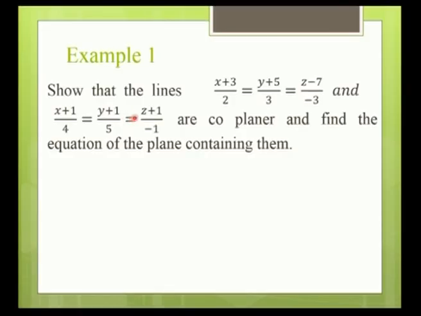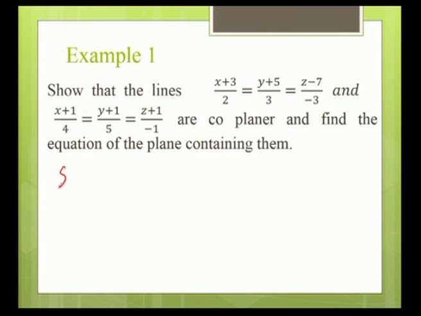In this example, show that the lines (x plus 3)/2 = (y plus 5)/3 = (z minus 7)/(minus 3) and (x plus 1)/4 = (y plus 1)/5 = (z plus 1)/(minus 1) are coplanar, and find the equation of the plane containing them. So in this problem we are going to apply the concepts which we learnt in the earlier discussion.